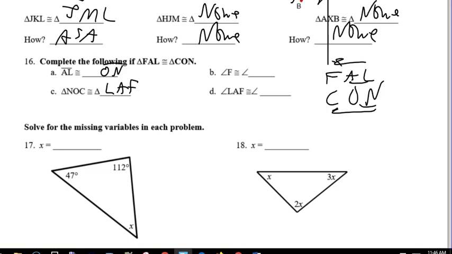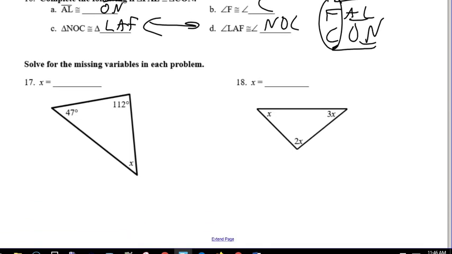F lines up with C. LAF, NOC. That's just the backwards one of D. These are the same thing, just switch spots. And one is an angle, one's a triangle, but still the order is the same.